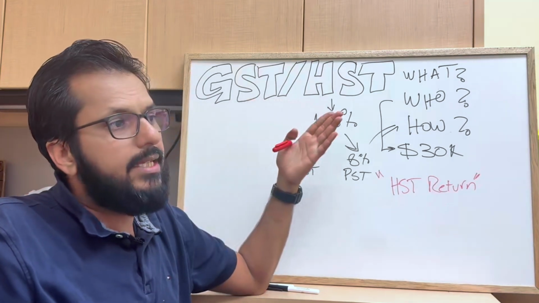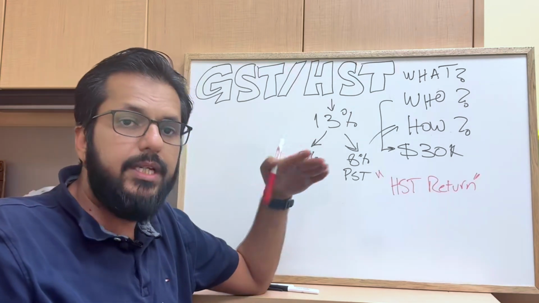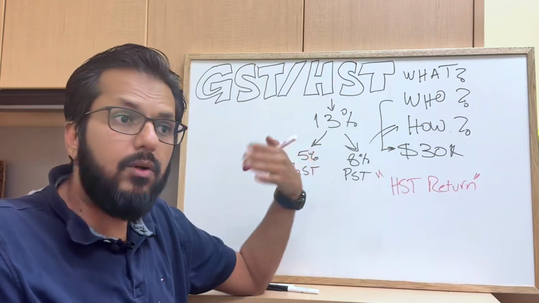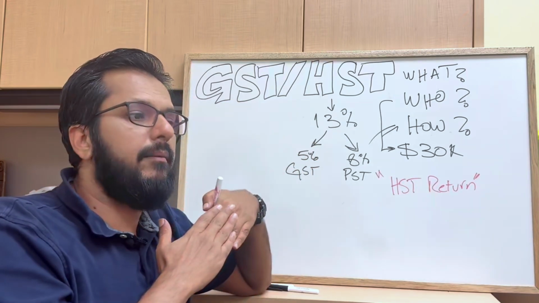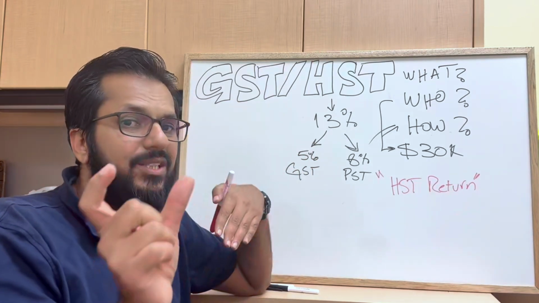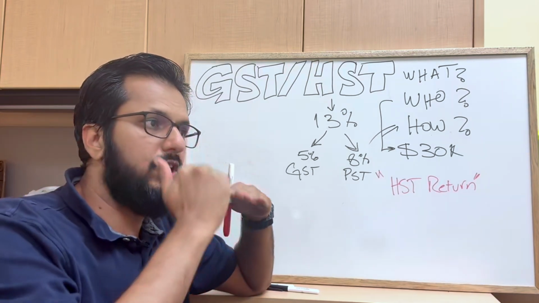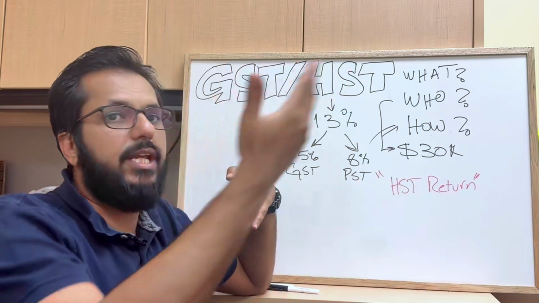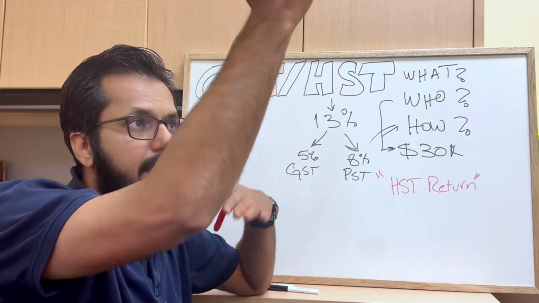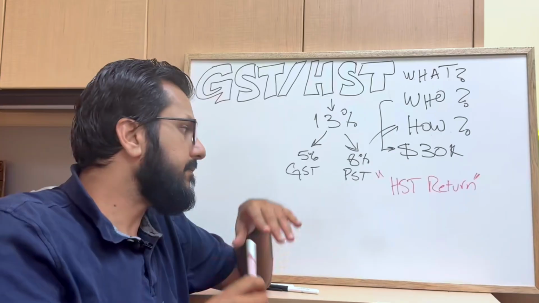And you can file HST return annually, quarterly or monthly. Now that depends on certain factors. The most important one is your sales, right? As your sales go beyond certain thresholds, your filing obligation changes. So it goes from annual to quarterly, or from quarterly to monthly.